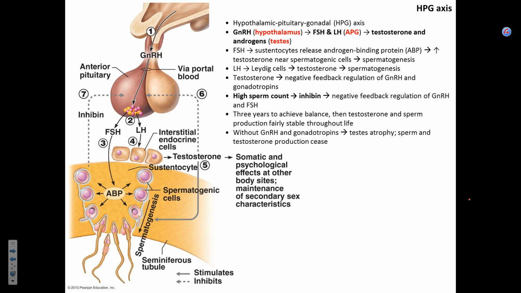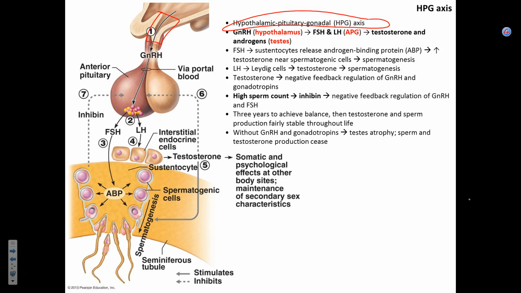Which brings us to the hypothalamus, pituitary, gonadal, or HPG axis. Brings us to the beginning of the semester's endocrine system. So hypothalamus right here produces gonadotropin releasing hormone.